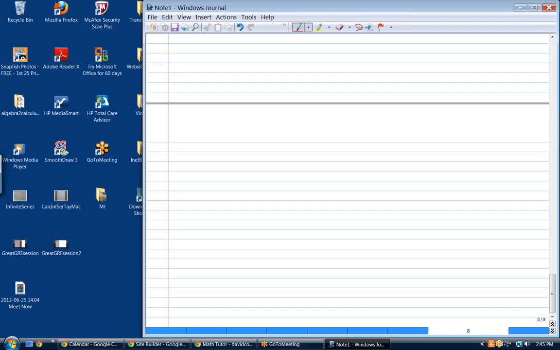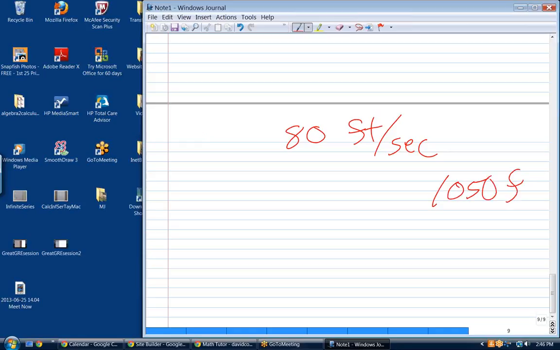Okay, I guess then we'll just move on to some simple derivatives. This one is a word problem with derivatives. If a stone is thrown down at 80 feet per second from a height of 1,050 feet, its height after t seconds is given by s equals 1050 minus 80t minus 16t squared.